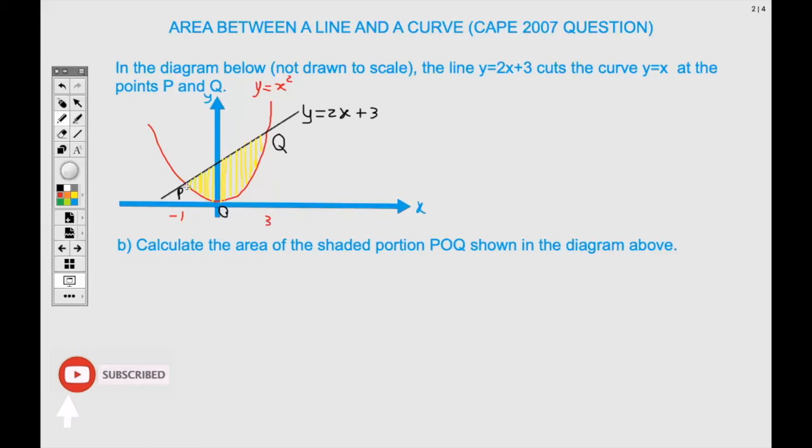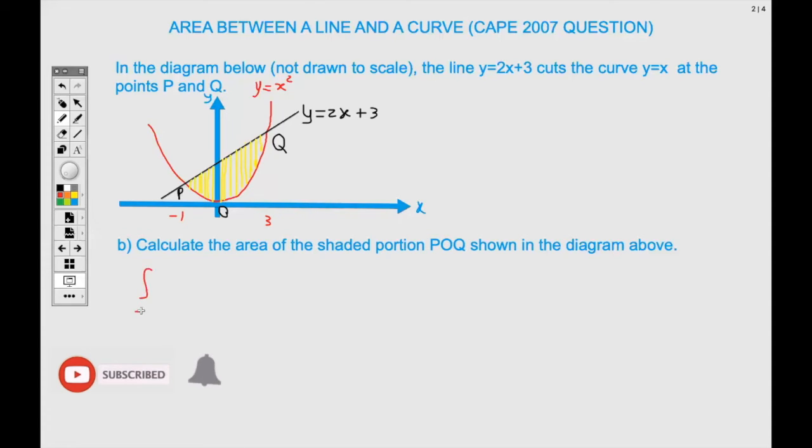So we have to find the area below the line minus the area below the curve, and that will give us the shaded region. Some persons like to find the area of the curve and the area underneath the line separately, then subtract. That's fine, but I'm just going to combine.